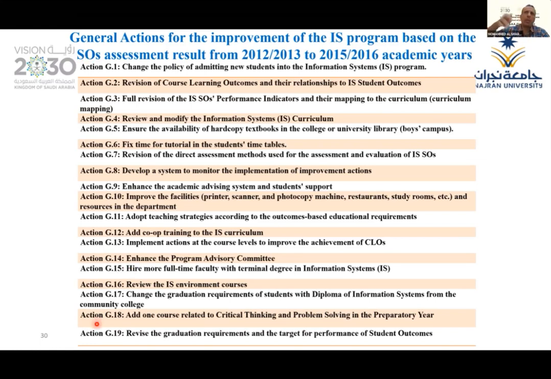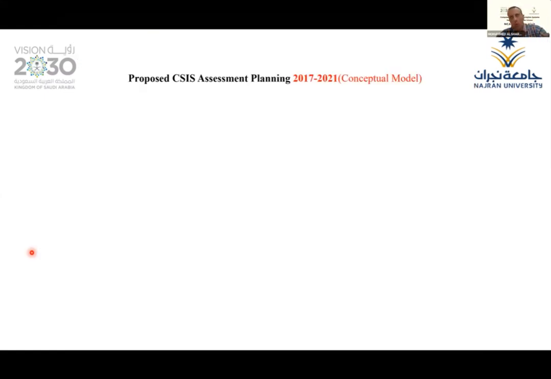Based on this action plan, we close the loop. We implement our continuous improvement, and all these actions, alhamdulillah, most of them were implemented. And the evidence, we have it as a new plan. Okay, based on that, we close one continuous improvement cycle.